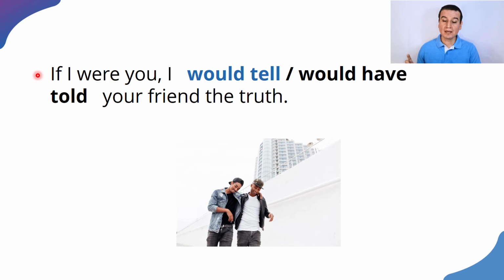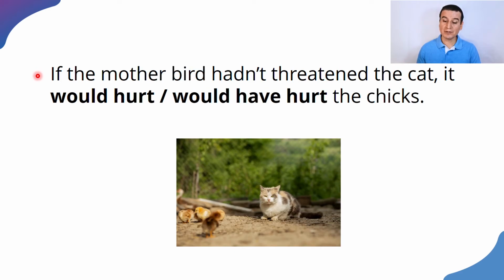Next. If the mother bird hadn't threatened the cat, so there was a cat coming near a mother bird, the cat, blank the chicks. It would hurt or would have hurt the chicks.